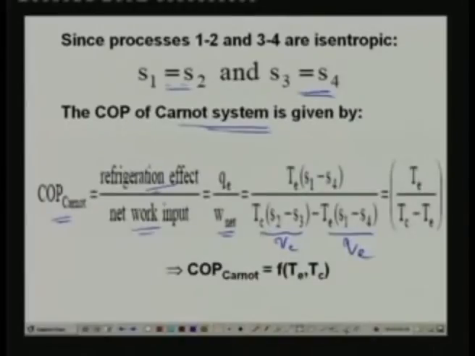Similarly, QC is equal to TC into S2 minus S3. Since S1 is equal to S2 and S3 is equal to S4, these terms get cancelled. So, finally, you find that the COP of the Carnot cycle is nothing but TE divided by TC minus TE, where TE and TC are the evaporator and condenser temperatures. That means the COP of a Carnot cycle is a function of operating temperatures only.